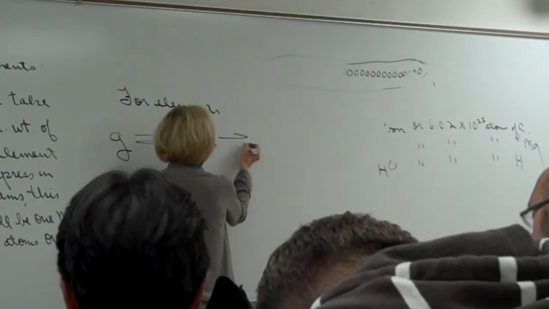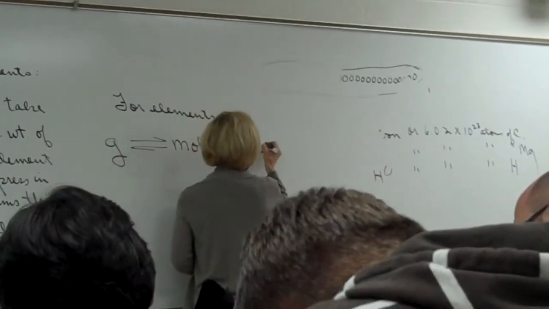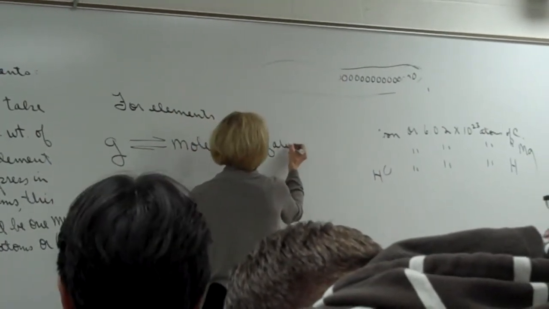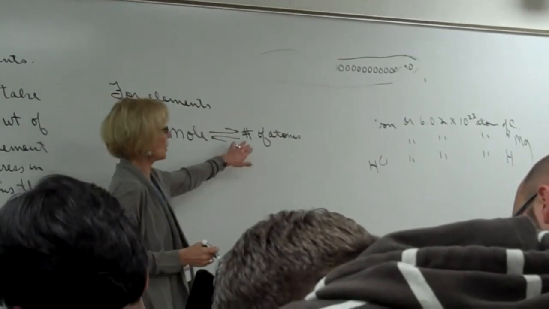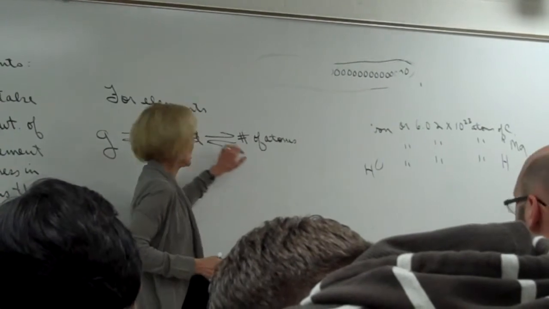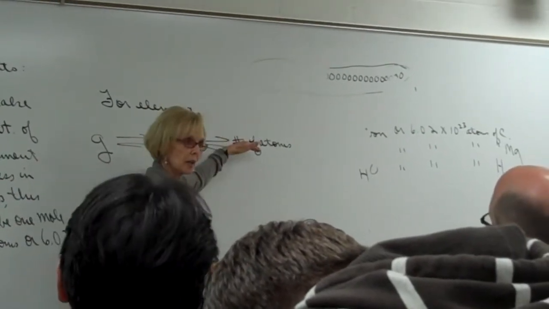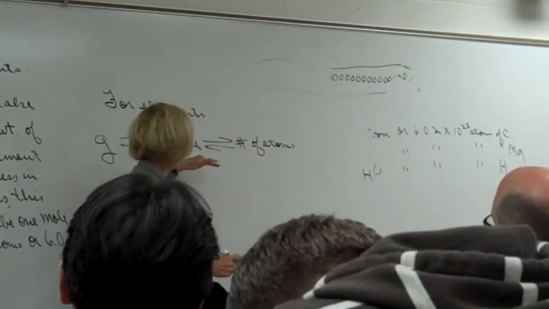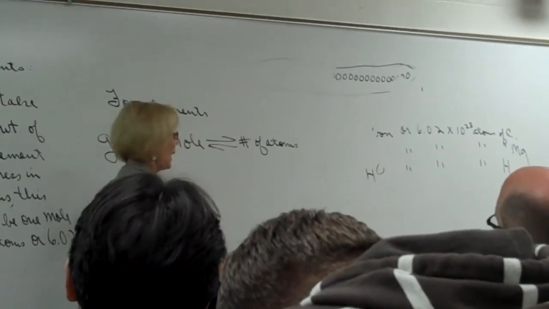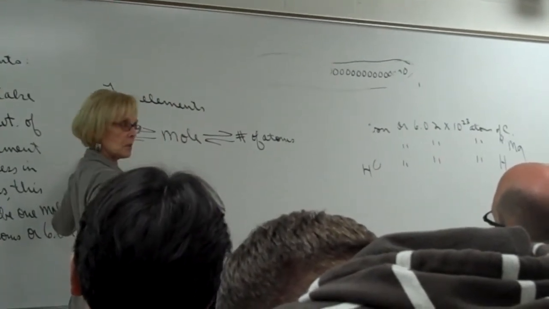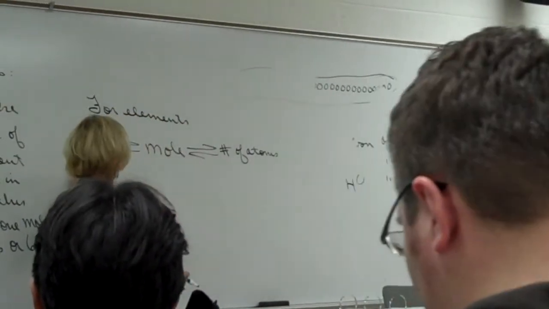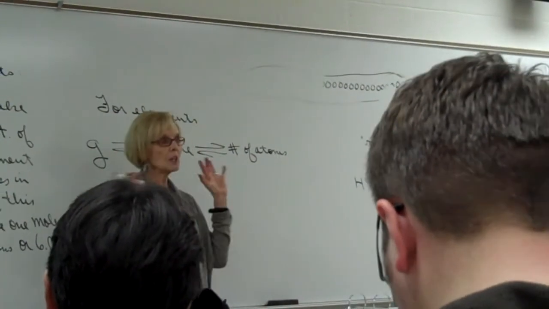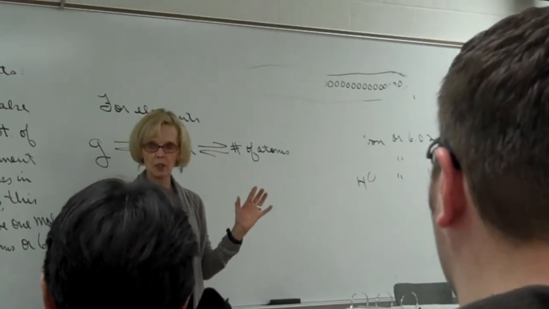Or, let's extend that. Sometimes, not too often, you want to go all the way to atoms. Sometimes you want to go from moles to atoms, or if you have atoms, you can go back to moles. And if you have grams, but you would like to know the number of atoms, you go grams to moles to atoms. This little diagram will take you wherever you need.